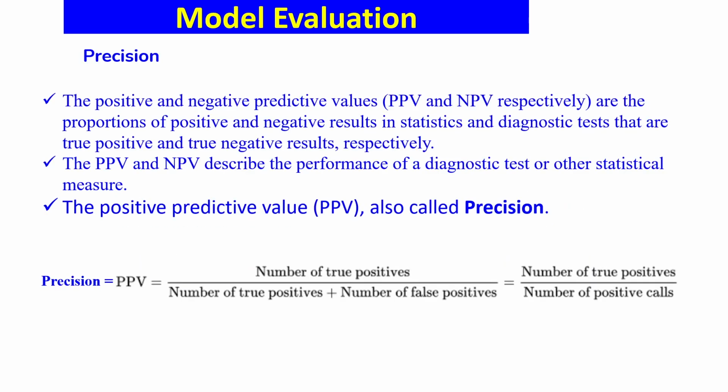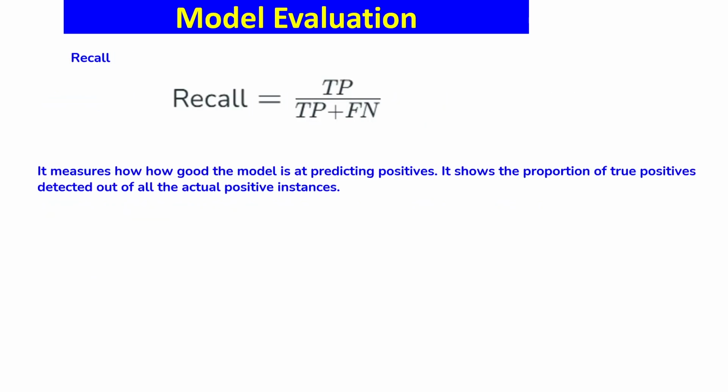Precision talks about the total number of positive cases, from the true positive and false positive cases. But on the other hand, recall is talking about how the model is doing in terms of the proportion of true positive cases out of the actual positive instances. You have true positive versus true positive plus false negative.